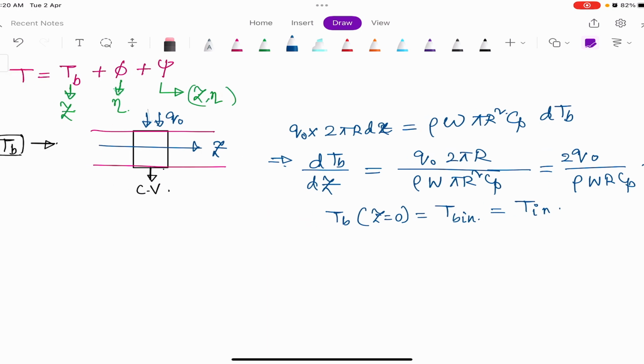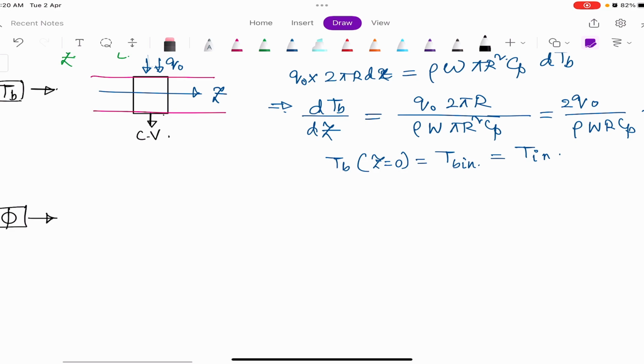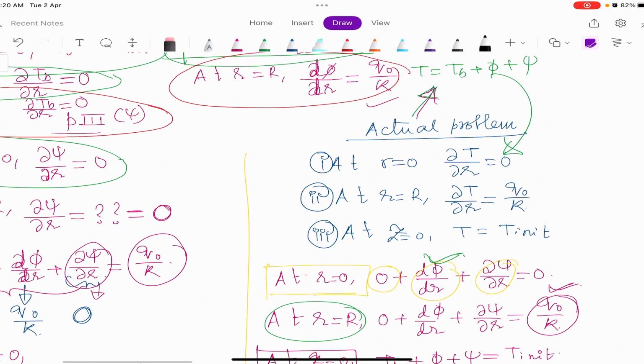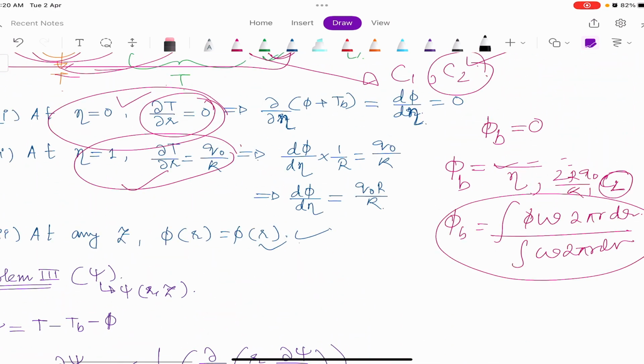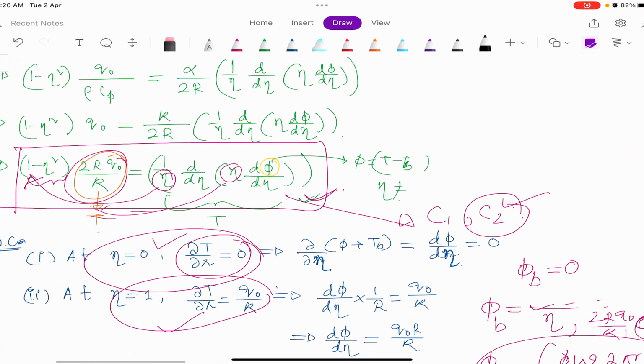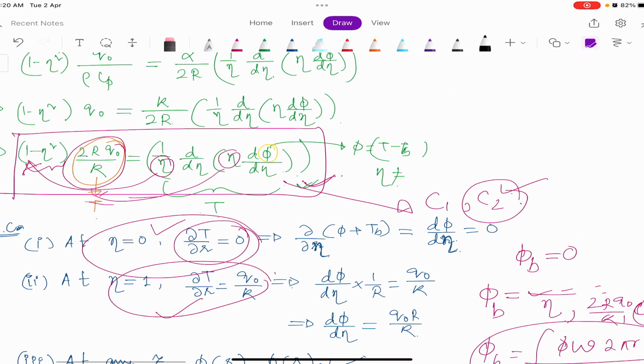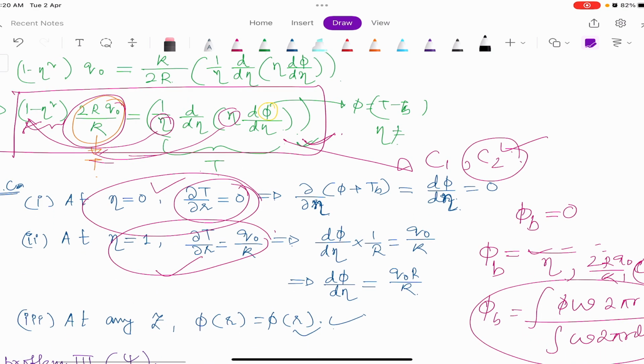Now let us solve for phi. What was the equation of phi? I don't remember that also, so let me go back. I like to remember the least things, but then someone will say we have to crack GATE, so how can we do that?